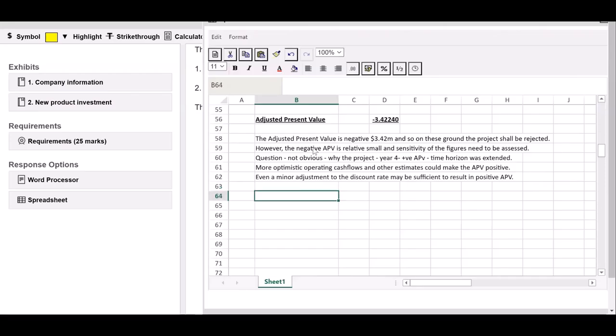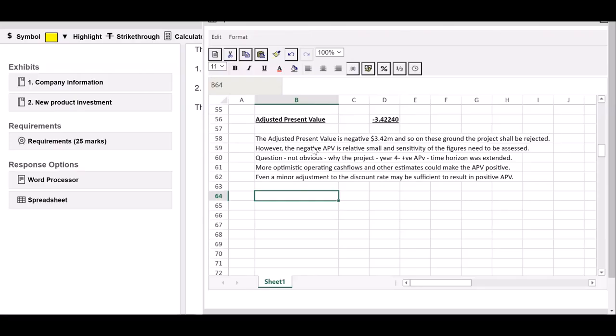And further, in order to fetch further professional marks, let's bring in the scenario from the question. What is discussed in the question is that the institutional investors are recommending to develop new profitable projects.